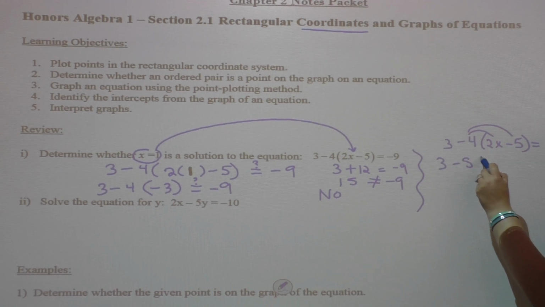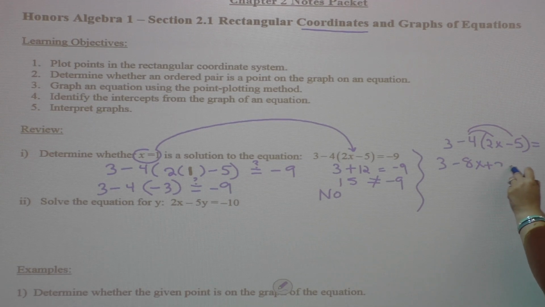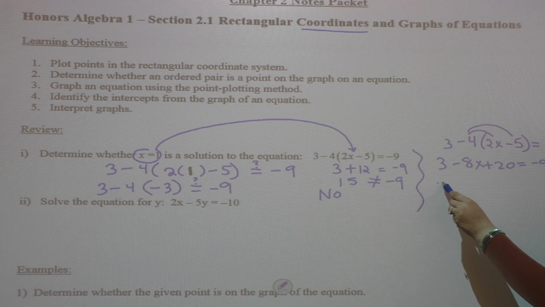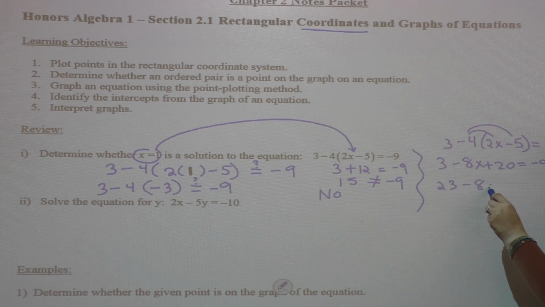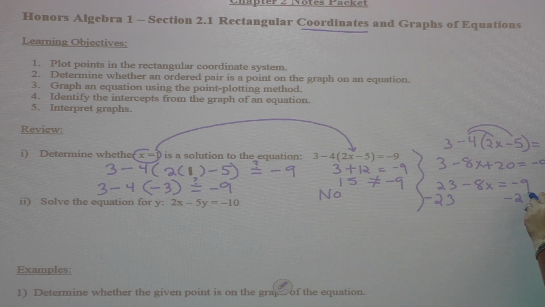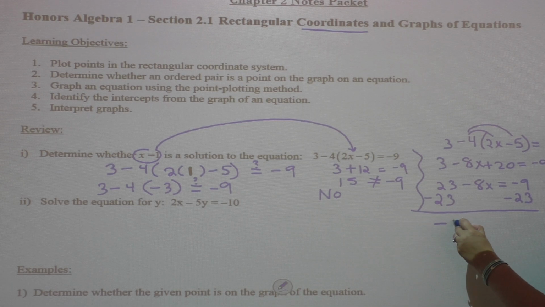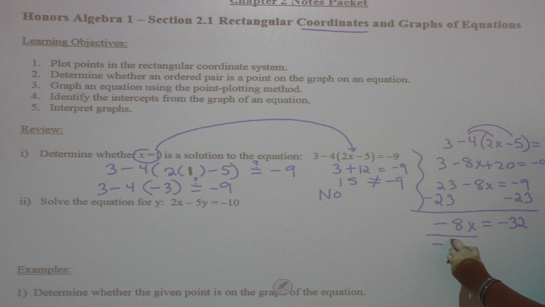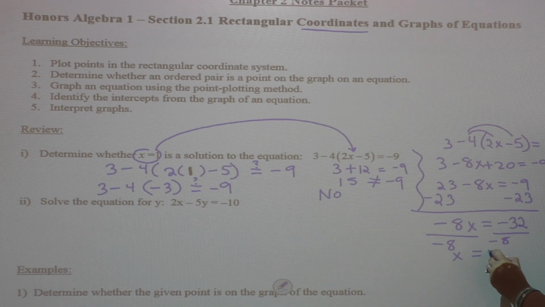So we get negative 8x plus 20 equals negative 9. If we combine like terms, we get 23 minus 8x equals negative 9. If we subtract 23 from both sides, we get negative 8x equals negative 32. And if we divide both sides by negative 8, we get x equals 4.